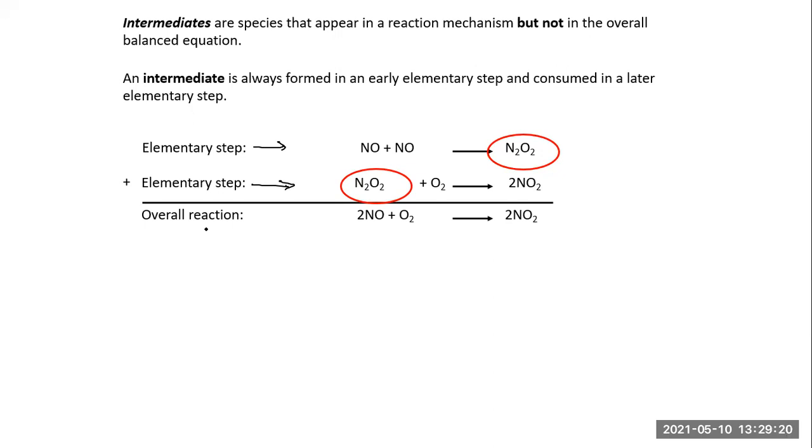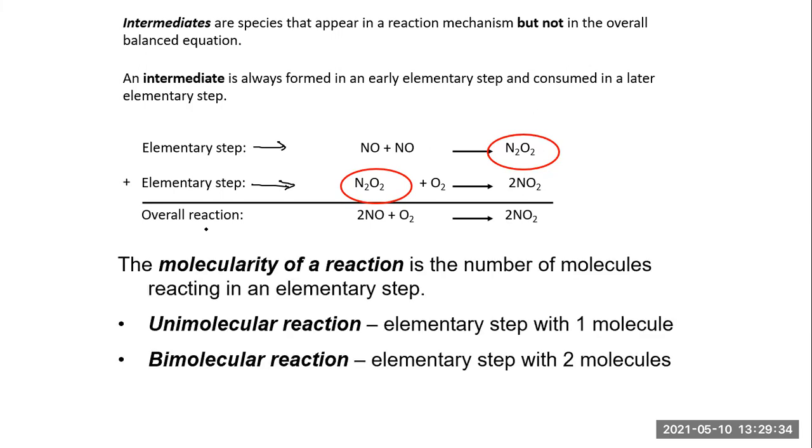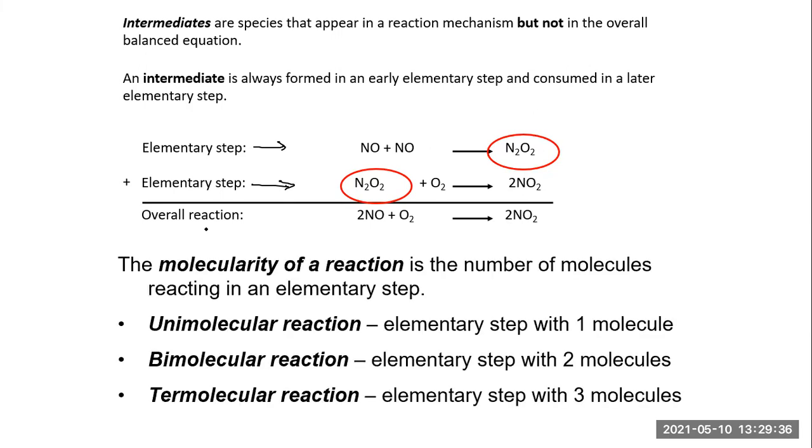When we talk about these elementary steps, we also talk about what's reacting, or how many molecules are reacting in each of the elementary steps. And that is sometimes referred to as the molecularity of a reaction. And there's three classifications usually. There's unimolecular, which means there's only one molecule reacting in an elementary step.